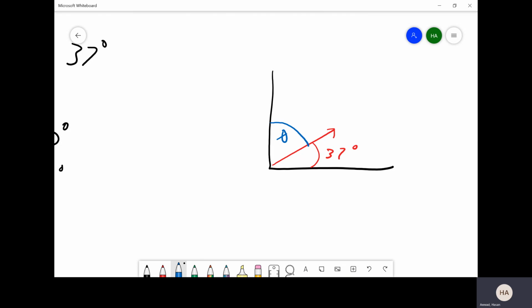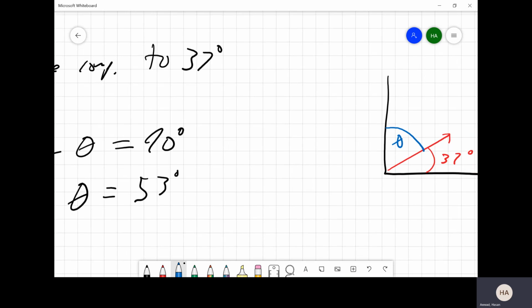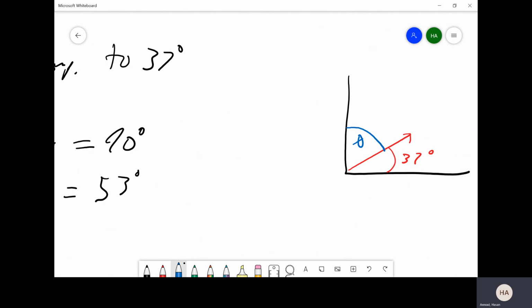There's this angle that exists, which I'm calling theta, that when you add it to the 37, you should get a right angle. Okay, so that's the visualization for complementary, is that you just have two acute angles that when added together, sum to be 90. So if one of them exists, then the other one also exists.